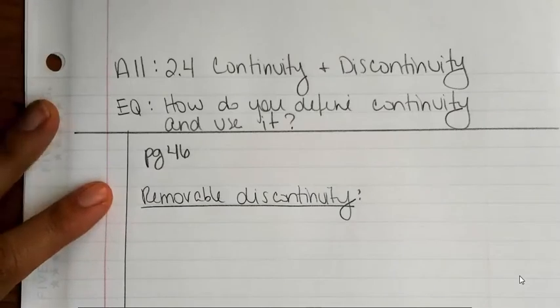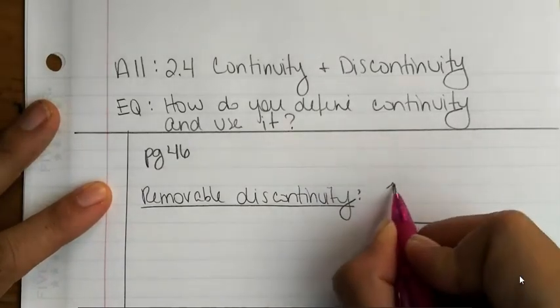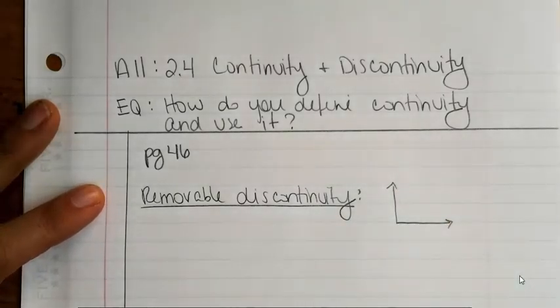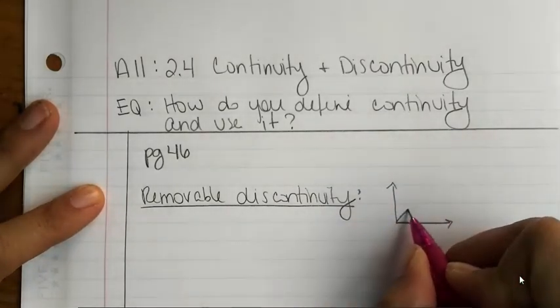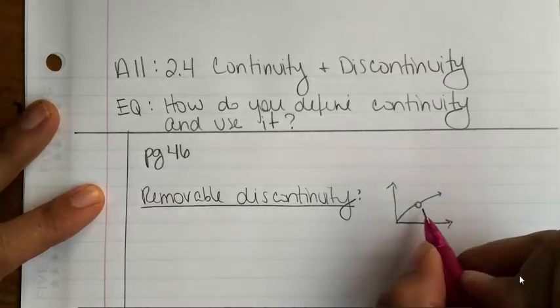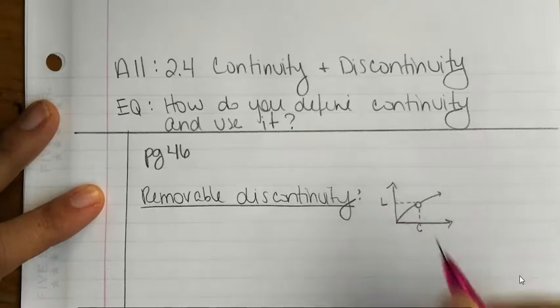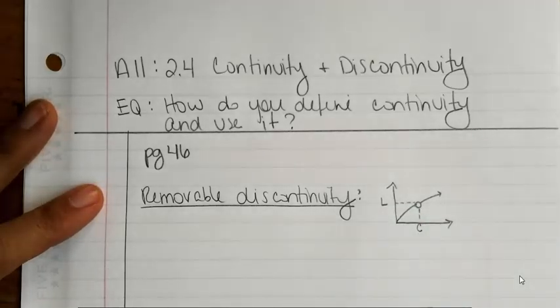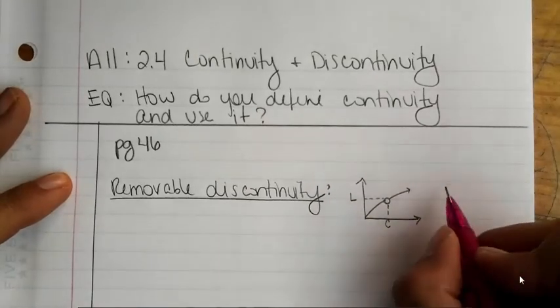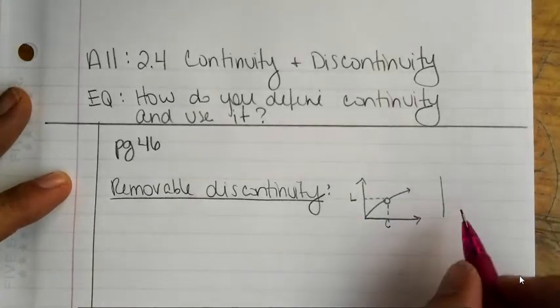So this is basically, let me draw a little picture here. You have some function that happens to have a hole in it. Okay, and that's C. Where that hole is, it's L. So it could look like this, which would mean that at C it's completely undefined.